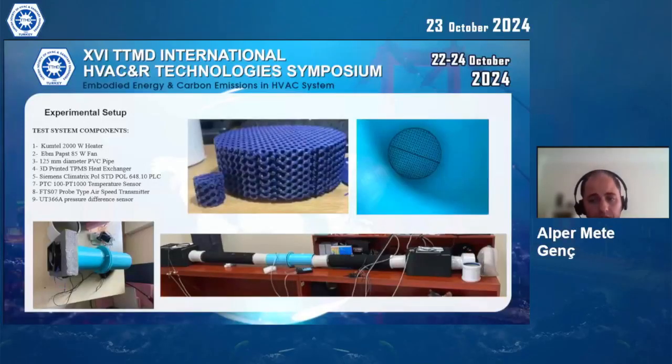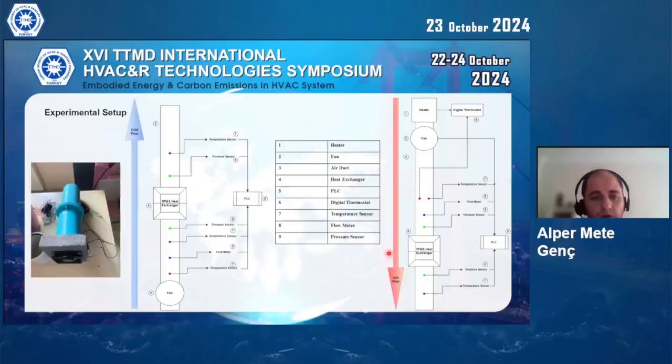In addition, pressure drop has been measured for both hot and cold sides using 2 probes. I will also show you the schematic diagram of the experimental setup for better understanding.